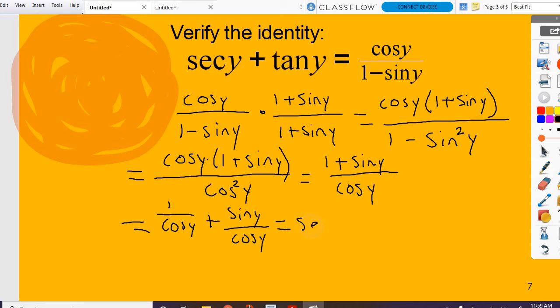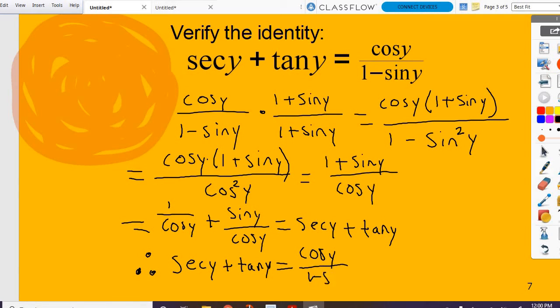Secant. And using our quotient identity, what is sine divided by cosine? Tangent, which is what we have on the left-hand side. So we can write our concluding statement, and our end proof.